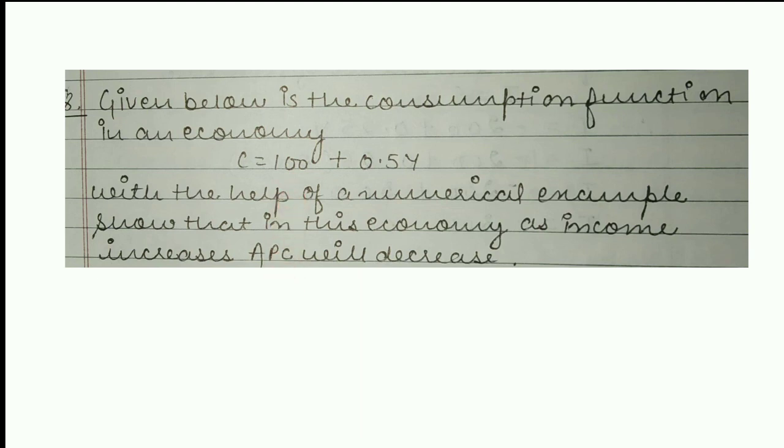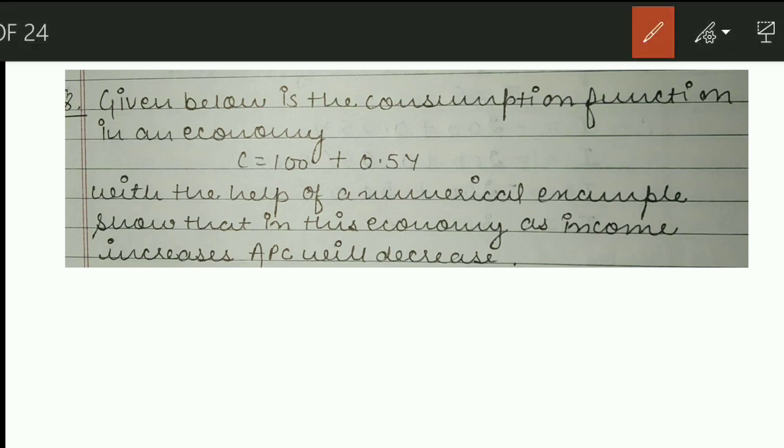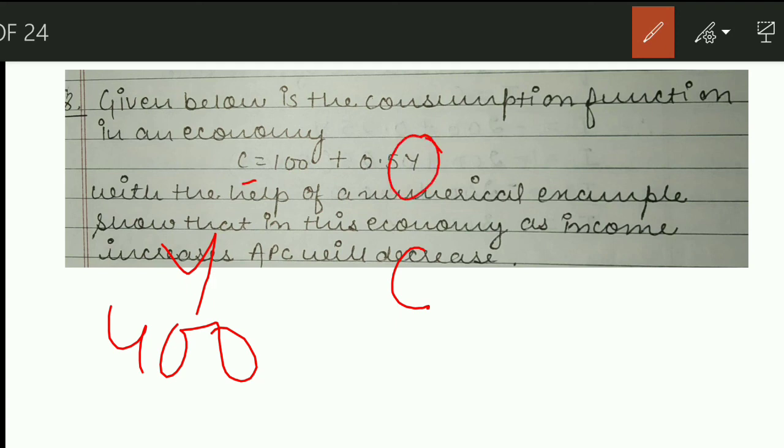here the consumption function is given to you, and what you have to do is use a numerical example in order to tell the APC of the economy. Okay, so since the consumption function is given to you, you can easily make a numerical example, right? So this will be your income and this will be your consumption. Let's suppose your income is 4,000, then automatically you put your income over here and you will get the value of consumption.